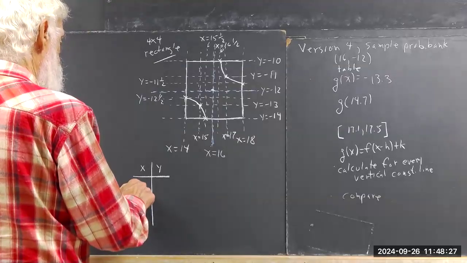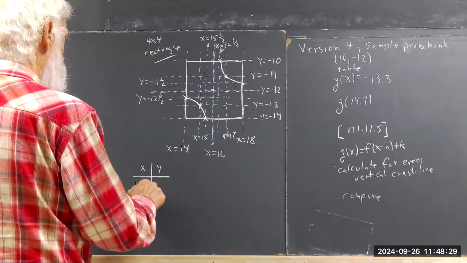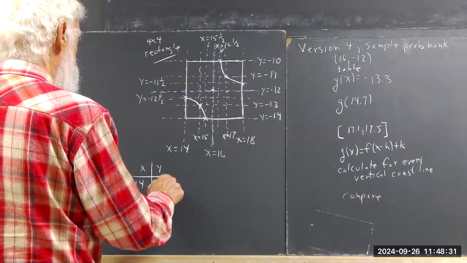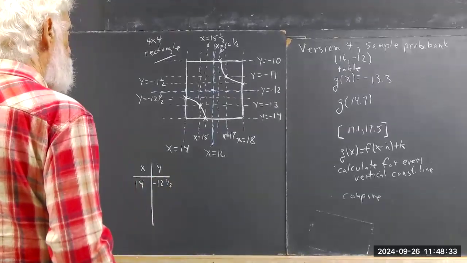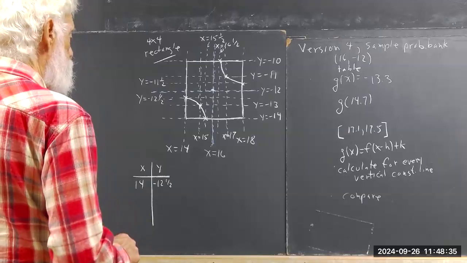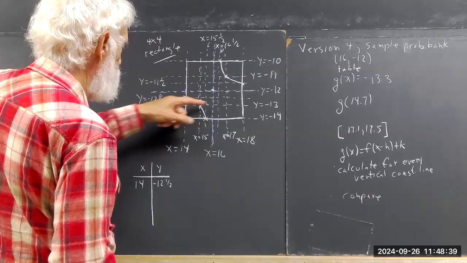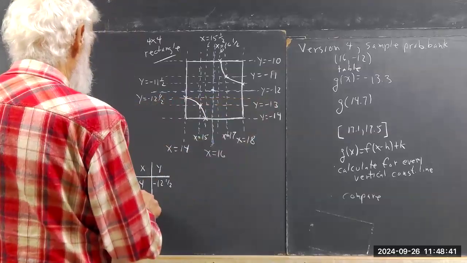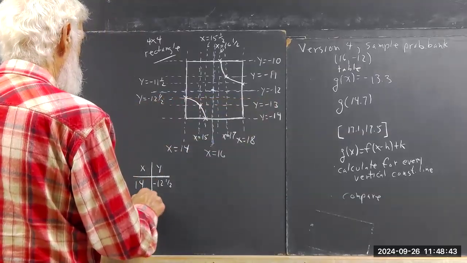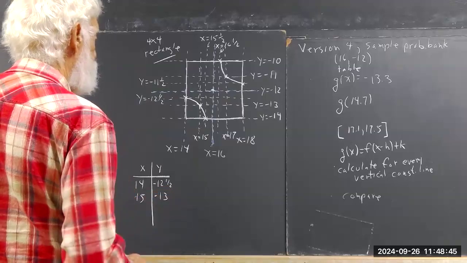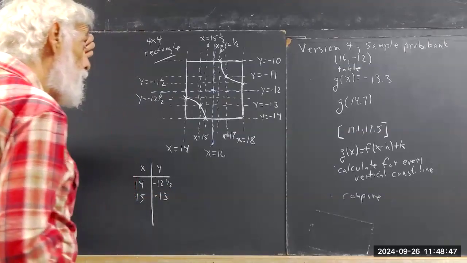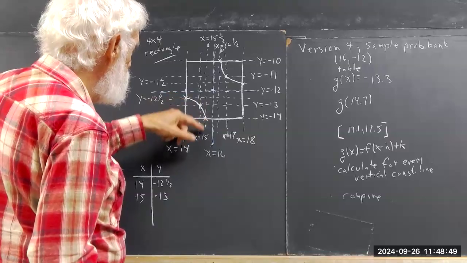So it's at 14, -12 and a half. And this point, well, the line x equals 15 intersects this line, which is y equals -13. So that's 15, -13. And then this line, let's see, what is this line?